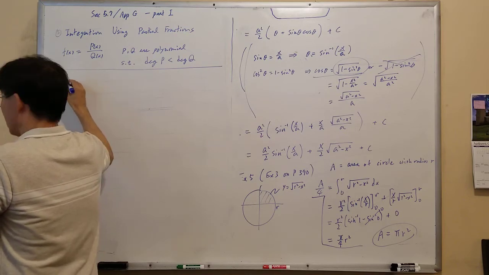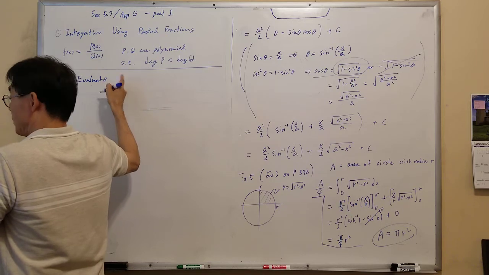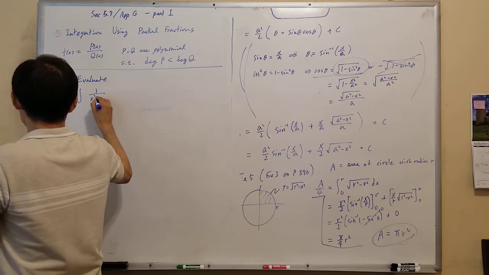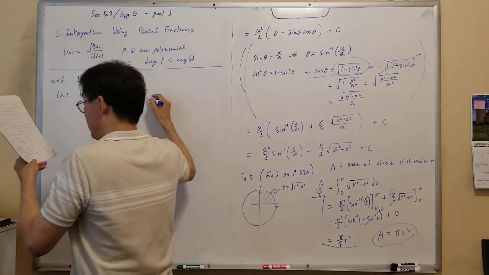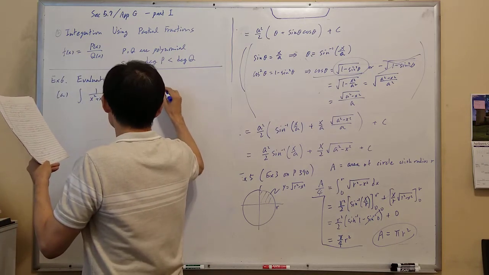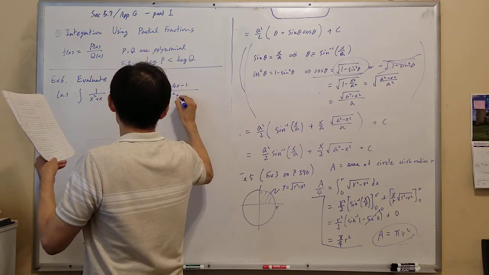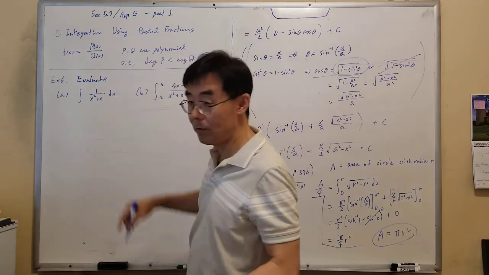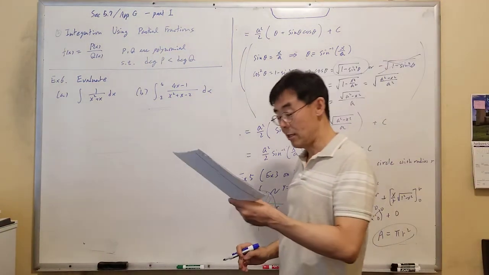So example 6, evaluate the following. A, the integral of 1 over x squared plus x dx. B, the integral from 2 to 4 of 4x minus 1 over. Both of them are rational functions. Your numerator has a smaller degree than the denominator.